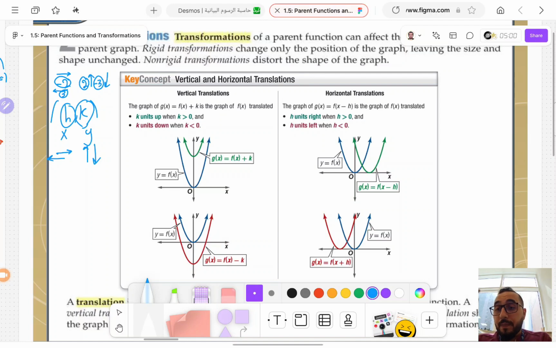Now, how can you know whether a number inside the equation is h or k? First, h is always combined with the x. K is the sad letter, it means that, as you saw in any function, y is always alone on one side, same as k. For example, k will always stay alone.